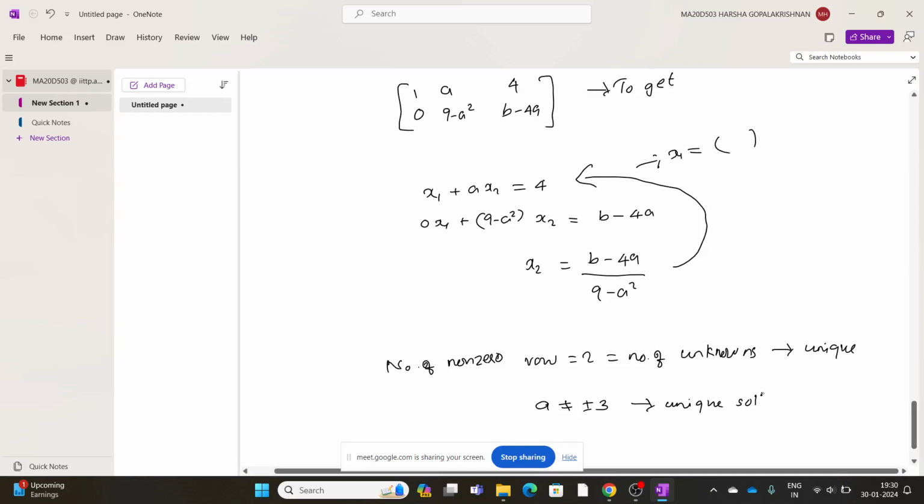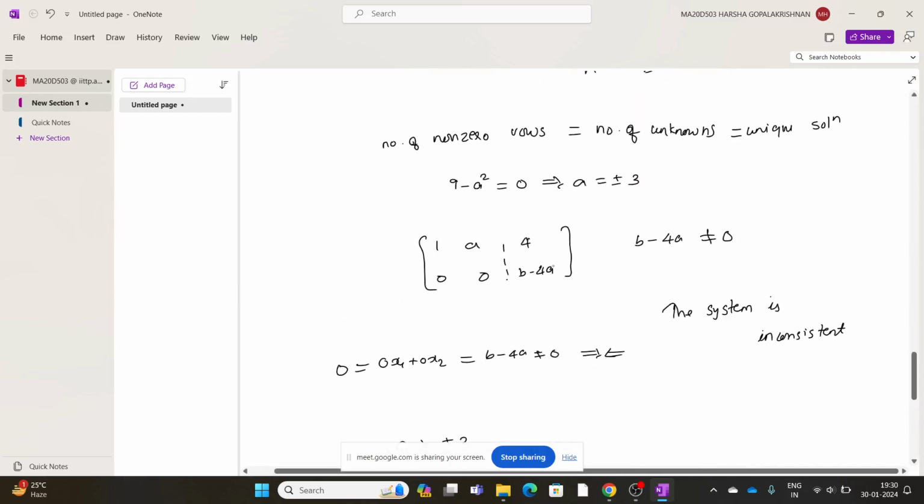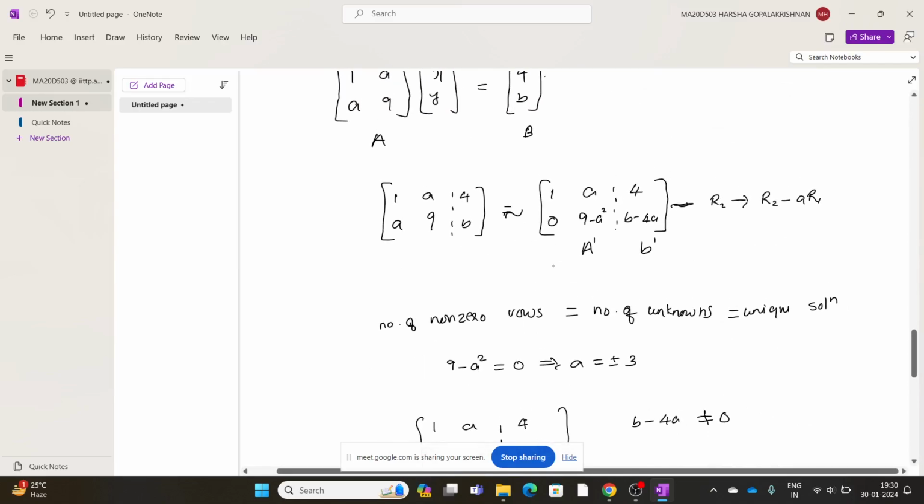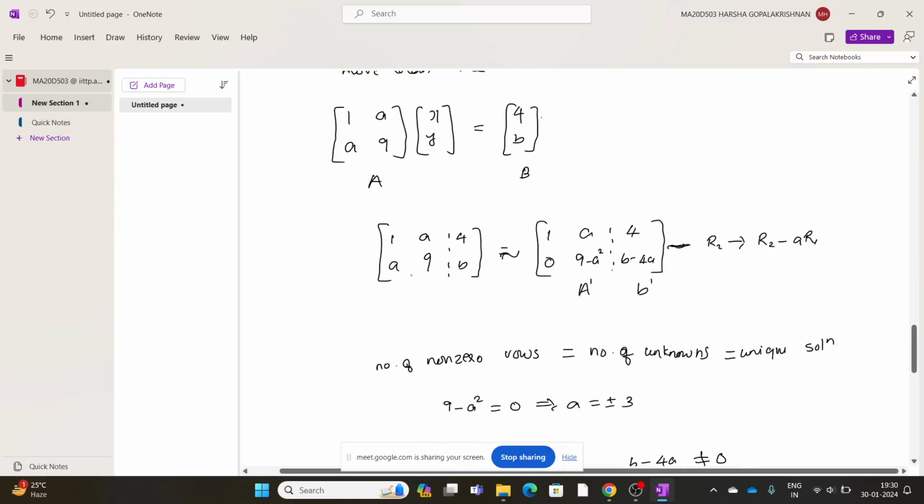This is the value of a. Is that okay for everyone? Any doubt in this? Ma'am, can you come again, please? Okay. After the augmented form, we have done the row echelon form. So first we are starting with the augmented form and we are reaching some row echelon form.